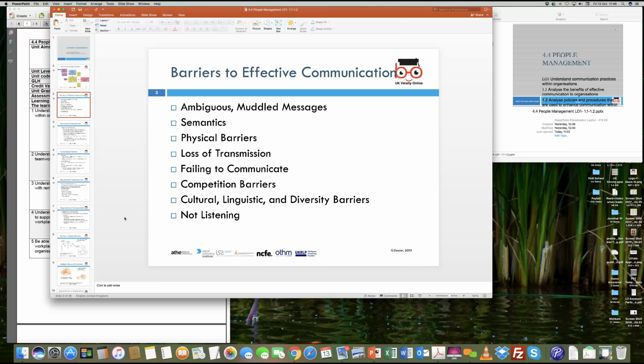Sometimes it's failing to communicate, and we also see cultural and diversity barriers more so within the healthcare sector as against other sectors. These barriers are common, and these are the ones we get to see more often than some of the others I've discussed, which tend to happen within this process of communication. Is that okay? Yeah. Okay.